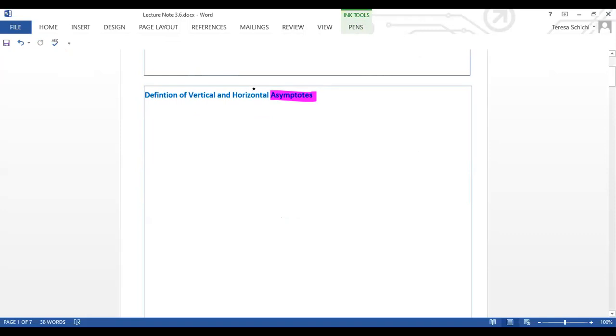That's why we call them asymptotes. We have two kinds of asymptote. The first one we call the vertical asymptote.